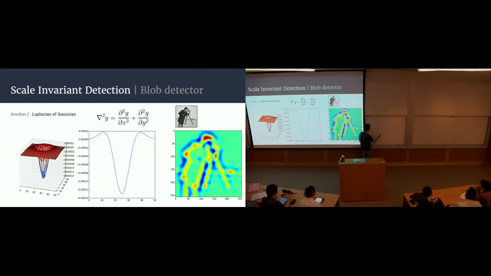The beauty of this is that if you line up the size of your feature with the size of your LoG using the sigma parameter, you will get a very good response, like a peak in here.